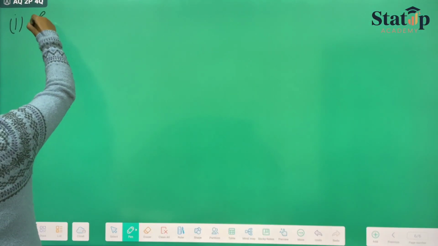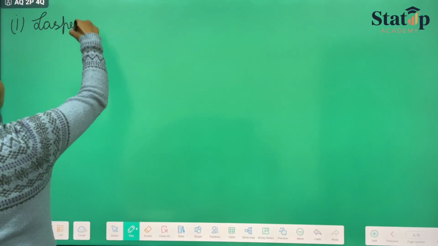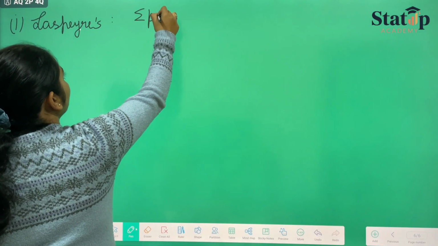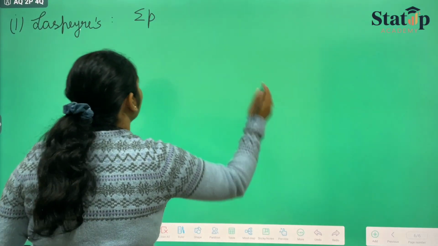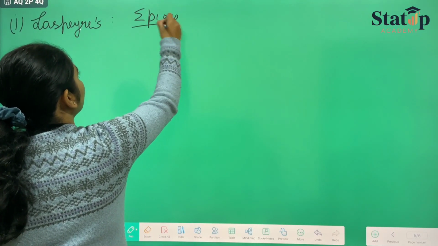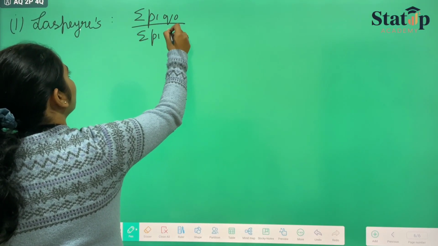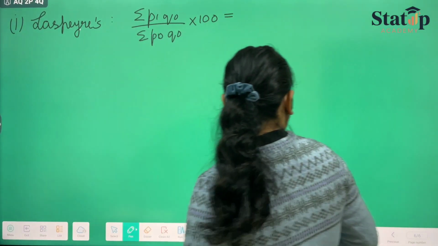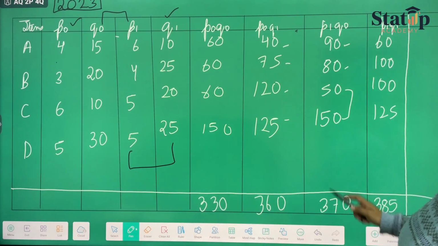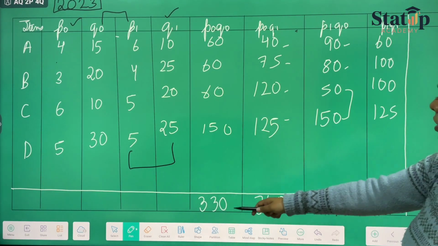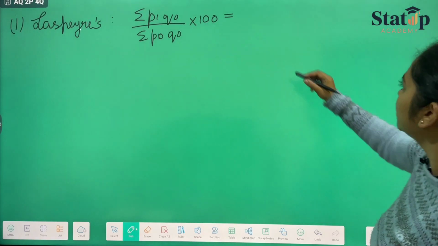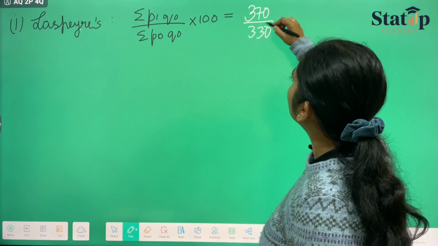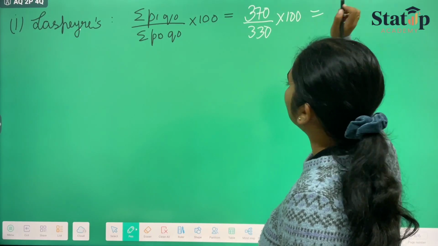First we'll calculate Laspeyres. The Laspeyres formula is summation of P1 Q naught upon summation of P naught Q naught into 100. So summation of P1 Q naught is 370 and P naught Q naught is 330. So it would be 370 upon 330 into 100 and we'll get our answer.